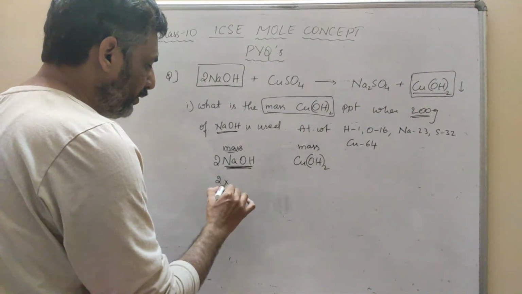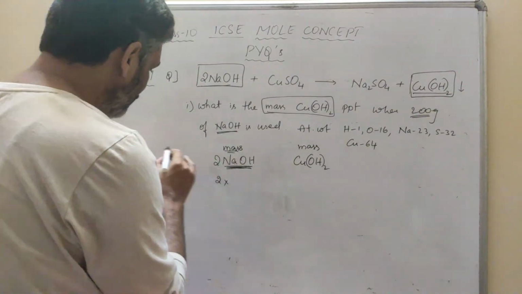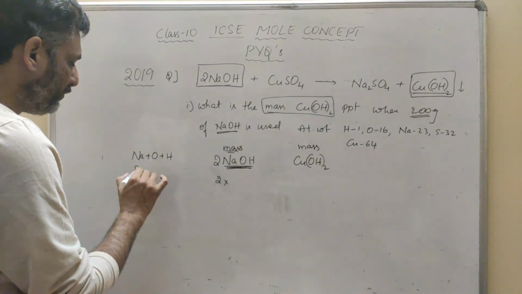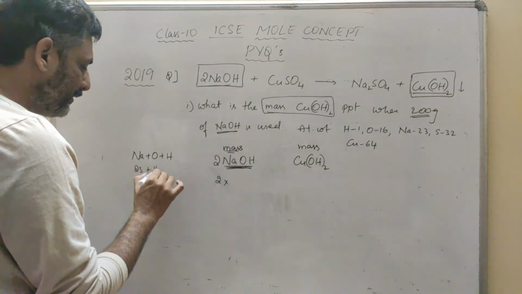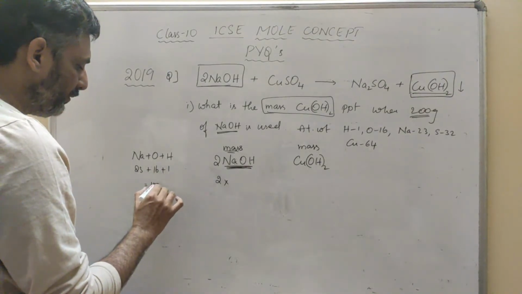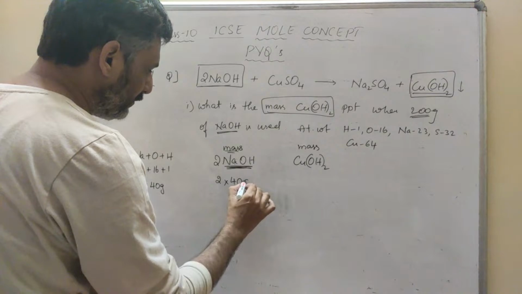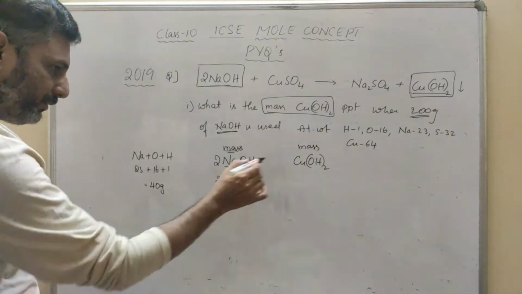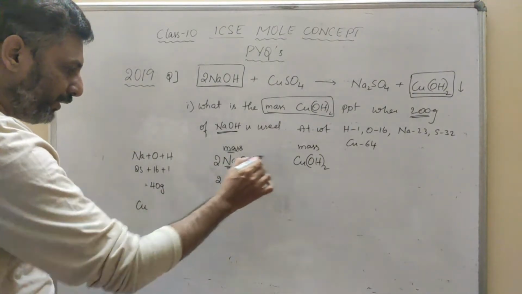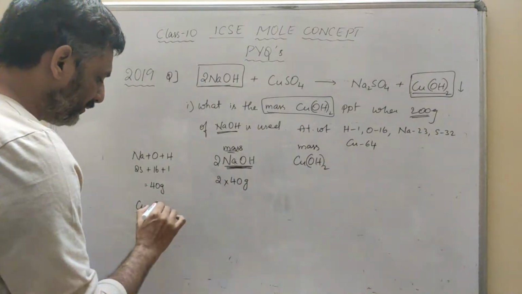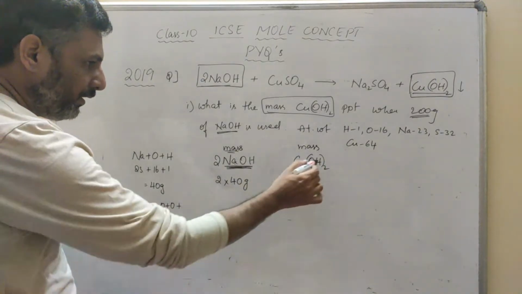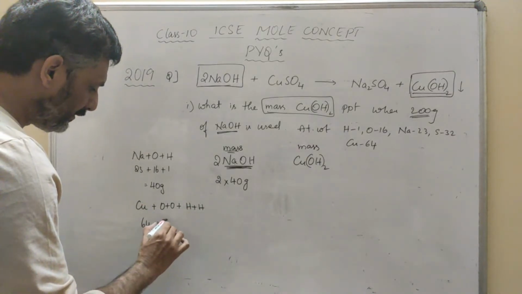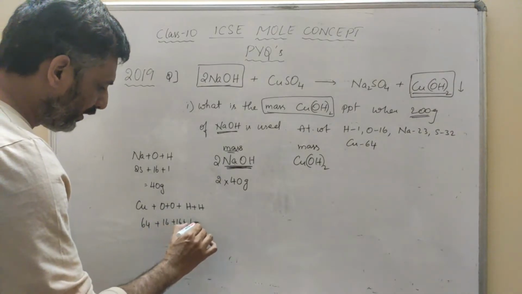So 2 into the molar mass of sodium hydroxide. Sodium hydroxide is sodium plus oxygen plus hydrogen. Sodium is 23, plus 16 plus 1. So you will get 40 grams. So this is 2 into 40 grams. And this is copper hydroxide. In its molecular weight you have 1 copper, and OH twice means 2 oxygens and 2 hydrogens. So 64 plus 16 plus 16 plus 1 plus 1.